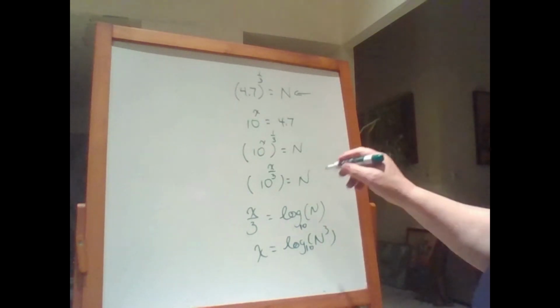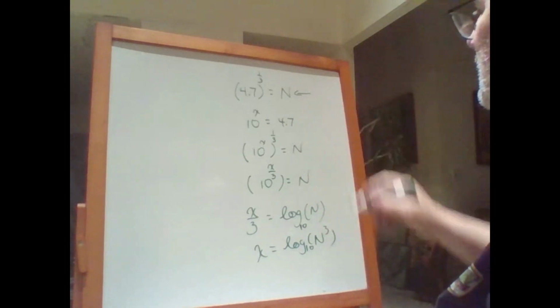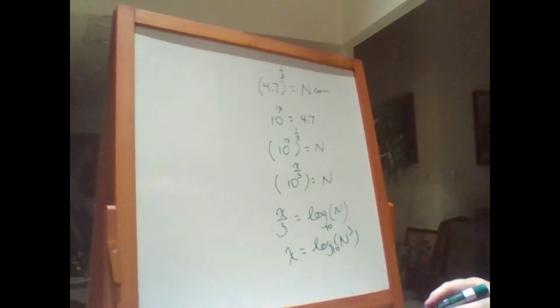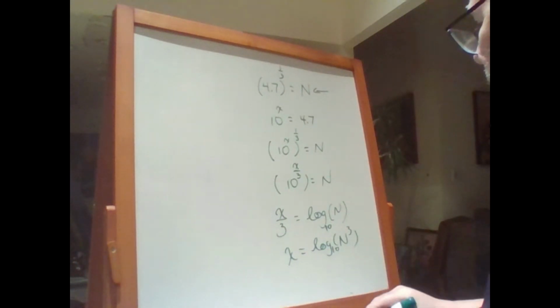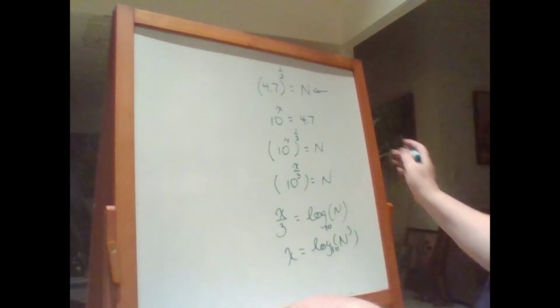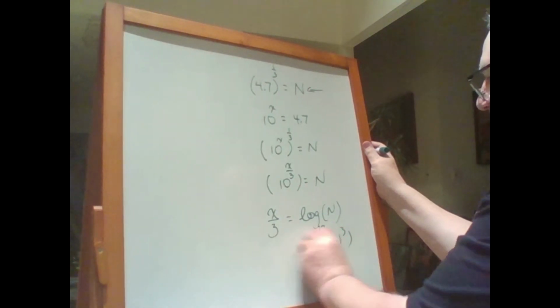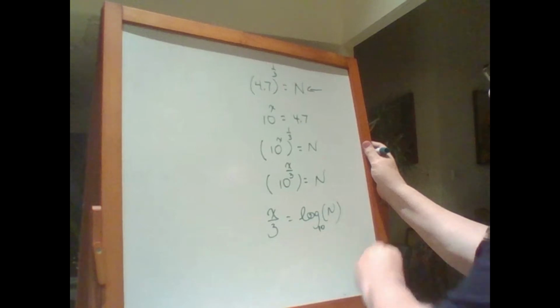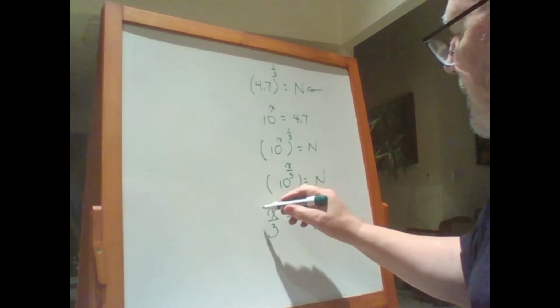All right, so what we have to do is find what x is, and then we can find n. This is the best way to go about it. We'll leave it right there.